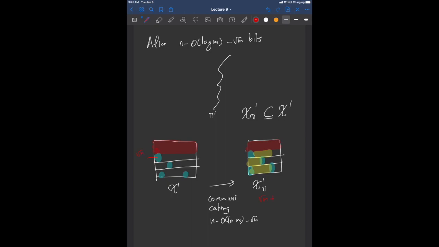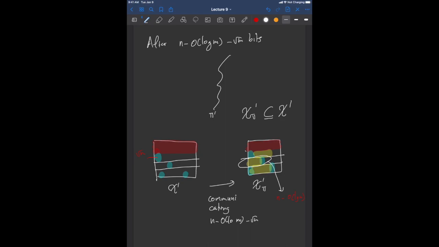So that's why we needed this minus square root m: n minus order log m minus square root m. So the amount of information that they have learned is at most n minus order log m, right? So the amount of information in these rows combined from the cleanup and the second stage is only this much. So what does that mean?